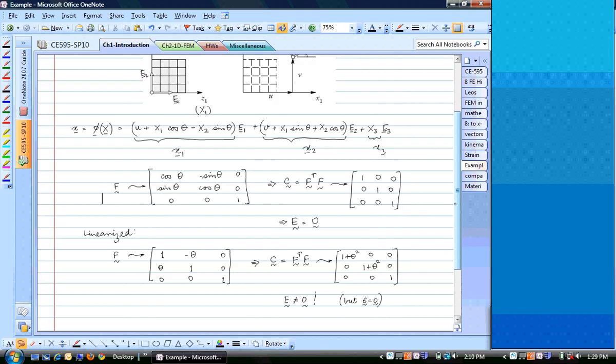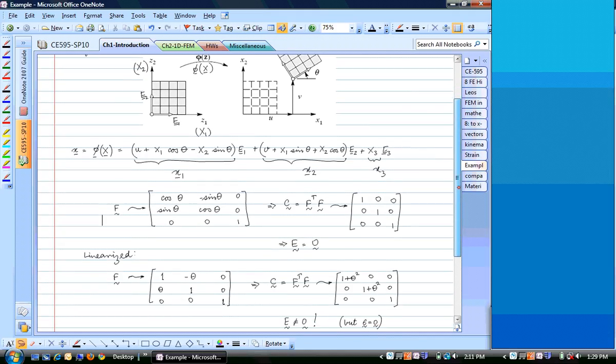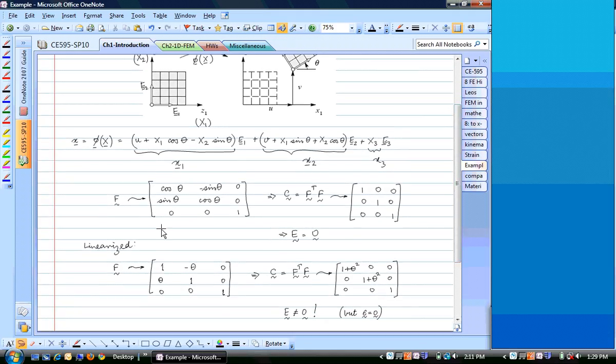On the other hand, if you were to take a linearized assumption, so let's say this theta is very small, and we are going to approximate this map or this deformation gradient with only linear terms. So if we approximate this gradient only with the linear terms, what we get is cosine theta goes to 1, and the sine theta goes to theta. Okay, so this becomes the approximation of F when it is linearized.